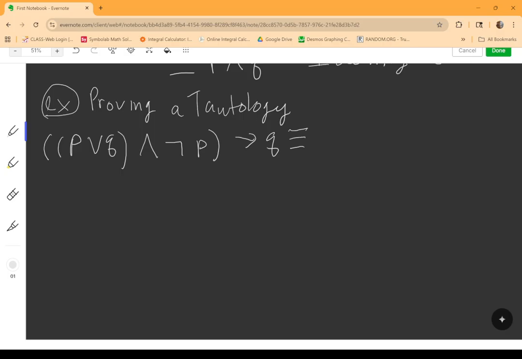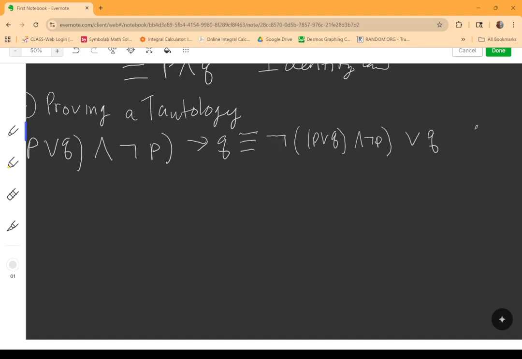That means that we have not the hypothesis, so not ((P or Q) and not P), or Q. That's just the definition of our implication. And then from here, I'm going to use De Morgan's law.